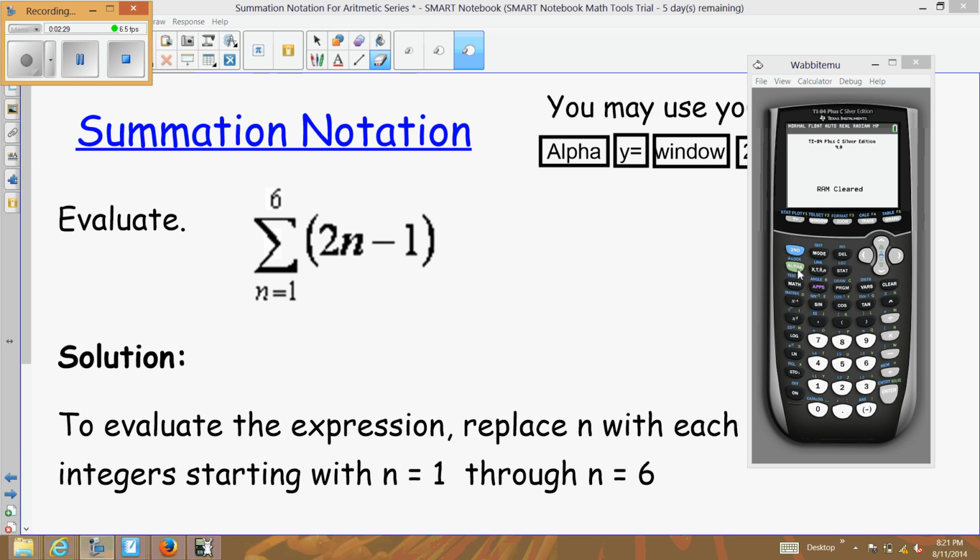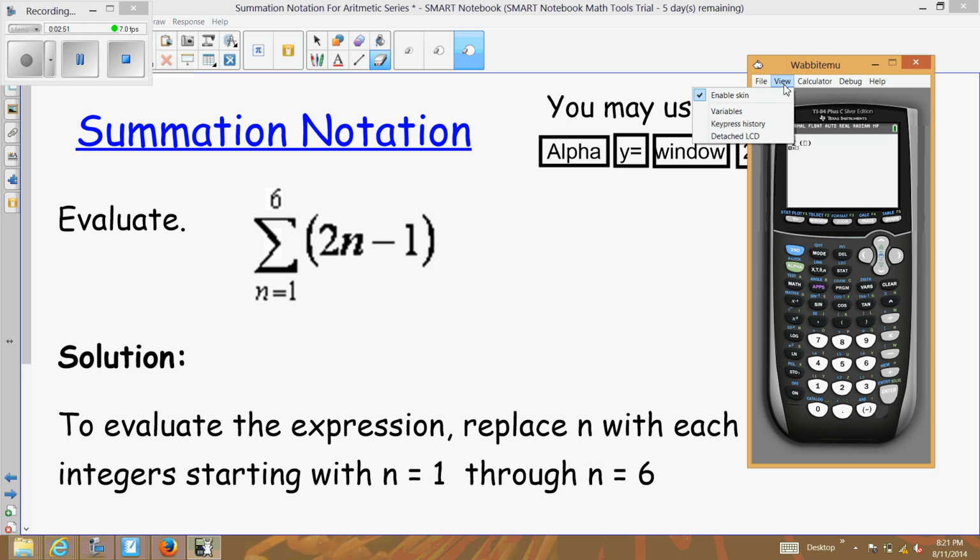Okay, so I said you could hit alpha y equals, and if you look over here, there's a function button. Hit the window right underneath the function button, and you notice you have a summation button. Yours may just have an E on it. So go ahead and click that.